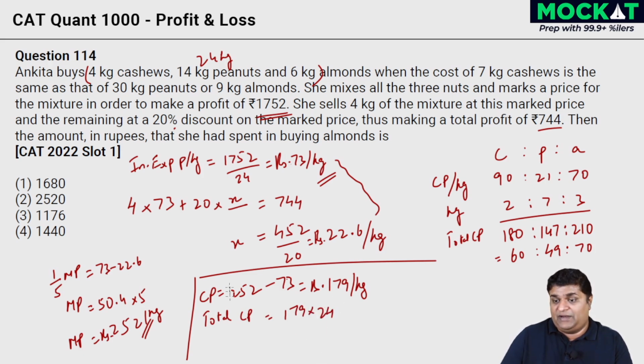Now, the amount spent on almonds only, total CP for almonds only, if you want, then it's going to be only the portion of almonds over here, which is 70 divided by total. 60 plus 49 is 109, 109 plus 70 over there is 179, right? Perfect. Cancelable over here. 70 into 24, that comes to 7 and 24. 24 into 7, that's the number of hours in a week, right? 168 hours in a week. 1680. Option 1 over here becomes the answer.